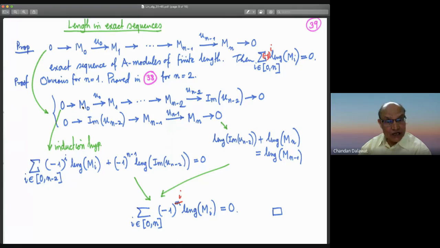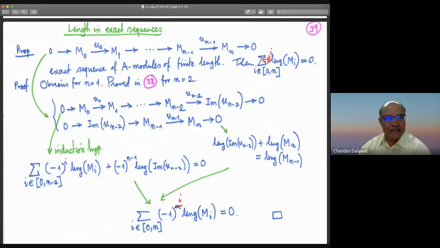By the induction hypothesis, for this sequence of length n minus 1, the alternating sum of the lengths of these modules has to be 0. So when I put these two equations together, I get what is required. Okay? So this is a very simple proof.